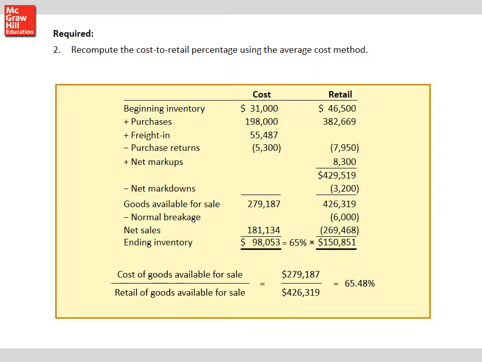Multiply that by your ending inventory value at retail, and you'll get $98,053 as the cost. So it's set up the same way. It's just the way you determine the percentage to convert your ending inventory from its retail amount back to cost is different depending on the method.